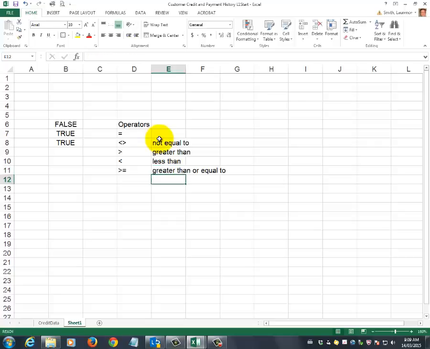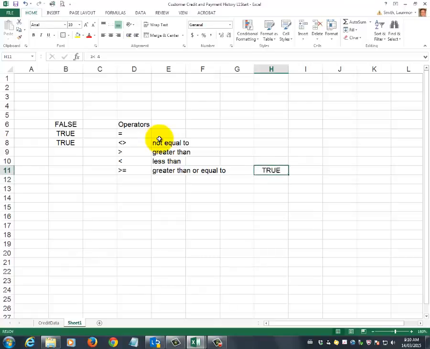Okay, so how about this as a test? Equals, is 3 greater than or equal to 4? And the answer is false. 3 is definitely not greater than or equal to 4, as opposed to is 3 less than or equal to 4?